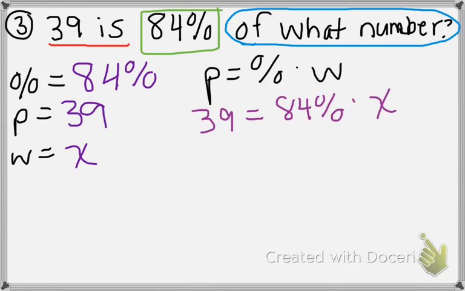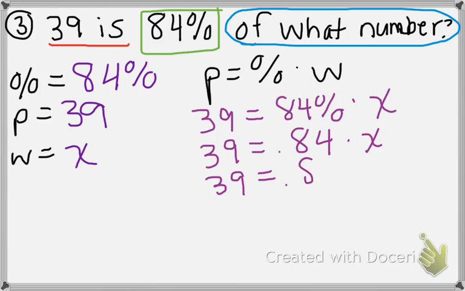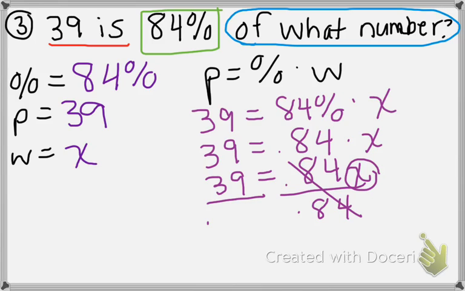Let's change the 84% to a decimal. If we move 2 spaces to the left, we get 0.84 times X. So now we have 39 equals 0.84X. X wants to be by itself, so we have to divide. In this case, we're dividing by 0.84, not 84, 0.84. There's a big difference there. That cancels. So now we're dividing 39 by 0.84.